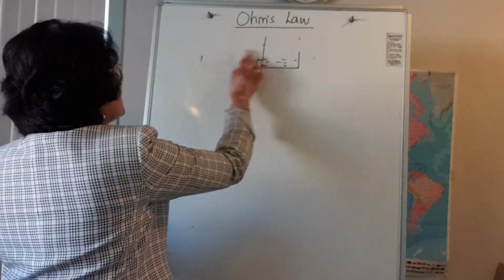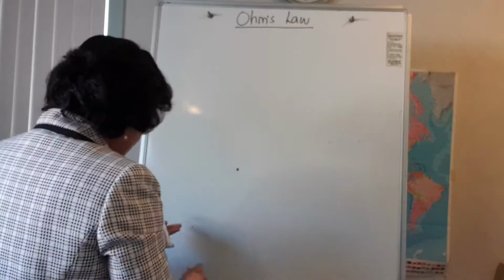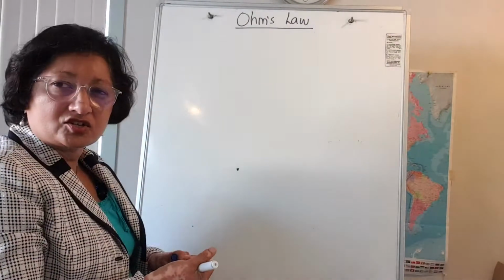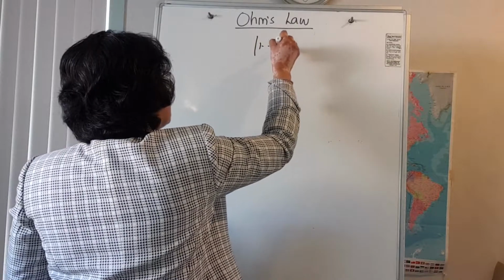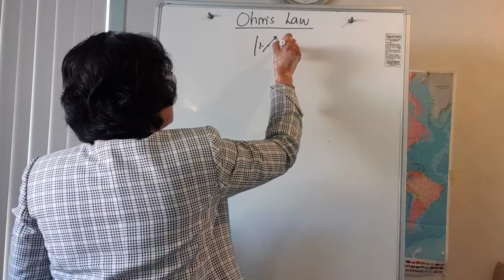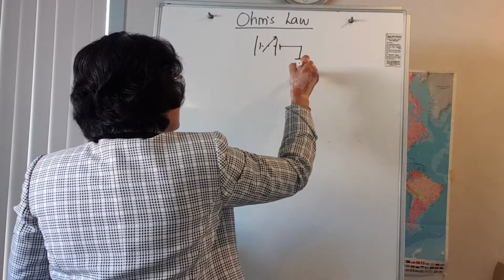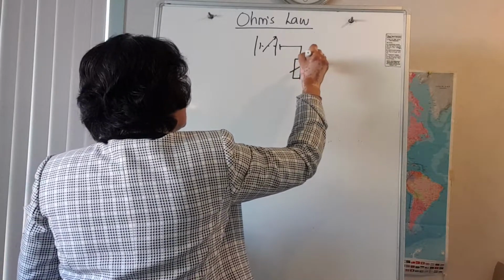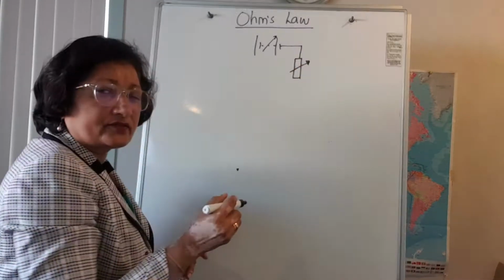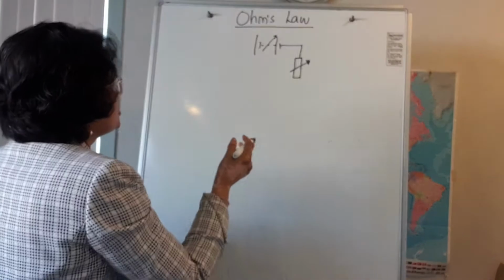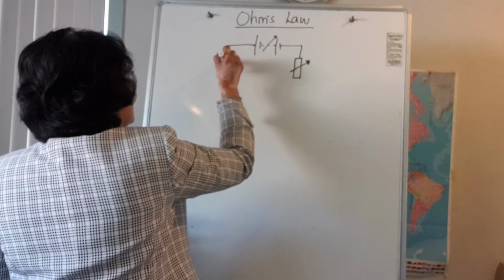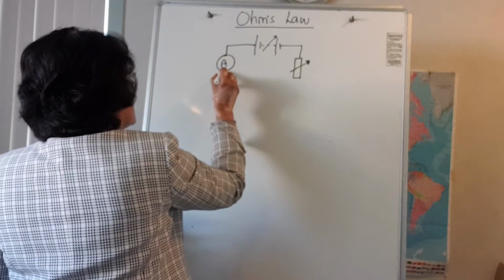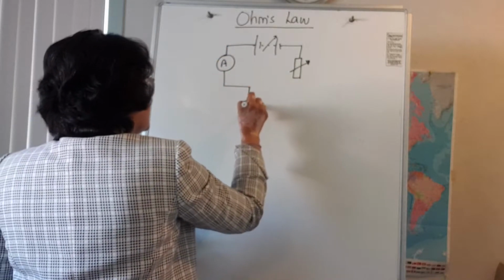So in the Ohm's law experiment, what we do is try and find the relationship between voltage and current. What we did last year is you had a power pack connected to a rheostat, and a rheostat is there just to change the value of the current, and then you had an ammeter to measure the current through the circuit.